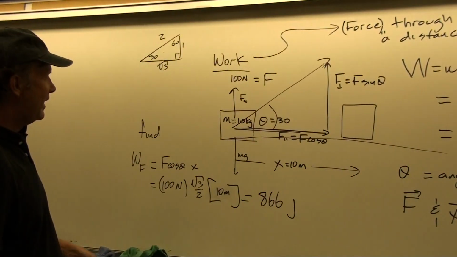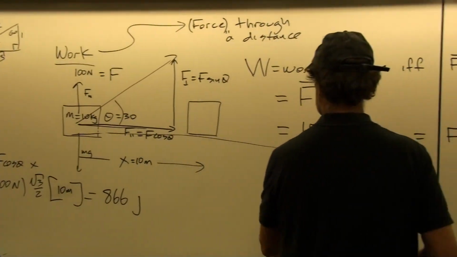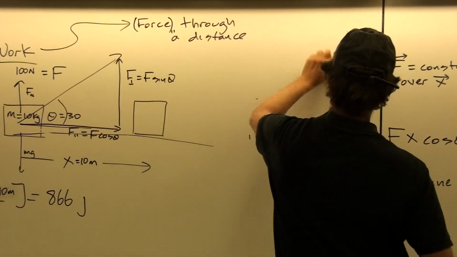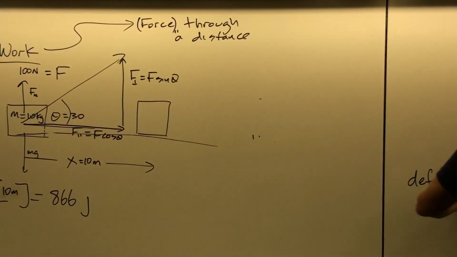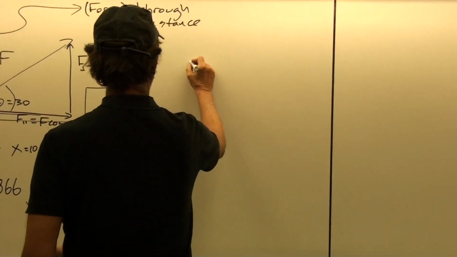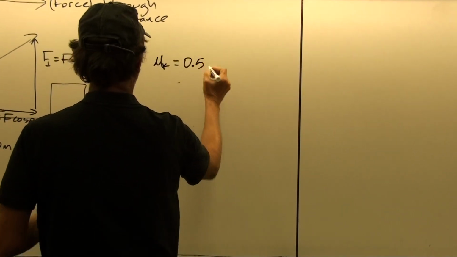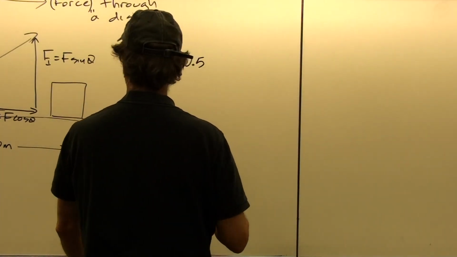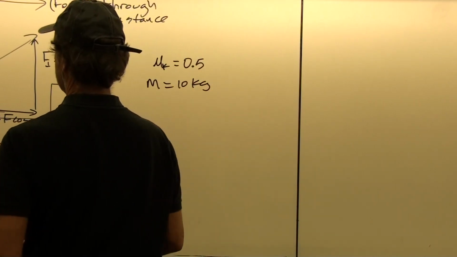Okay, so that we could then work out what the normal force is, and then if we had a coefficient of kinetic friction, let's say that now we'll make this problem a little more complicated by saying mu k is 0.5 and the mass is 10 kilograms.